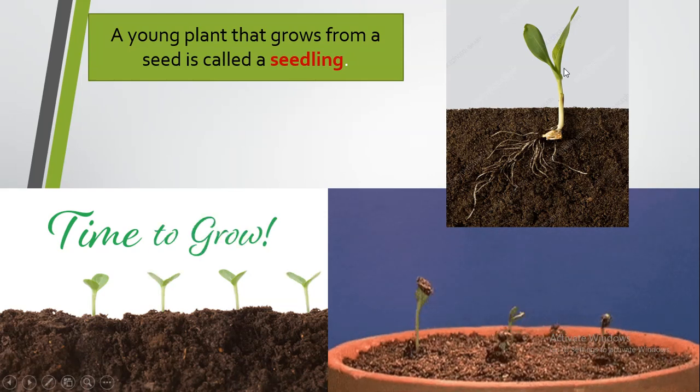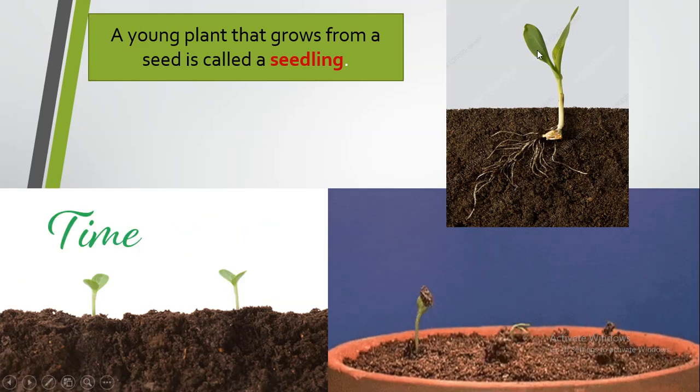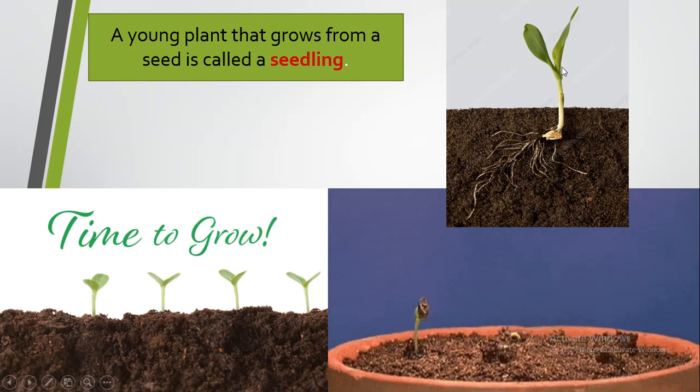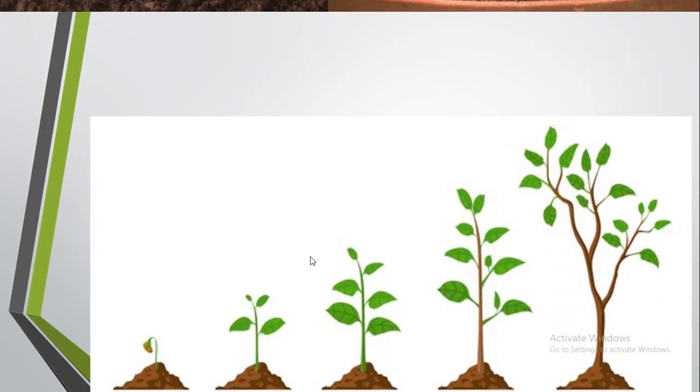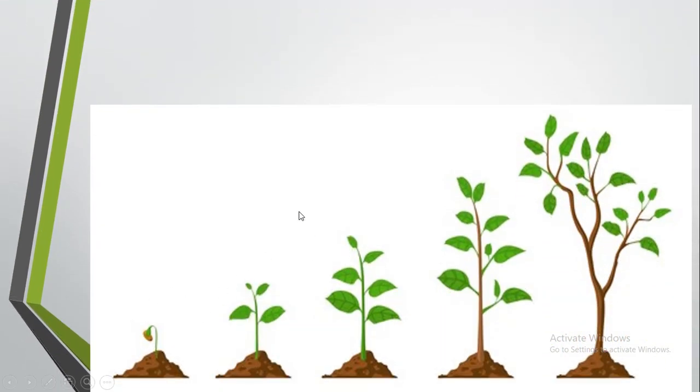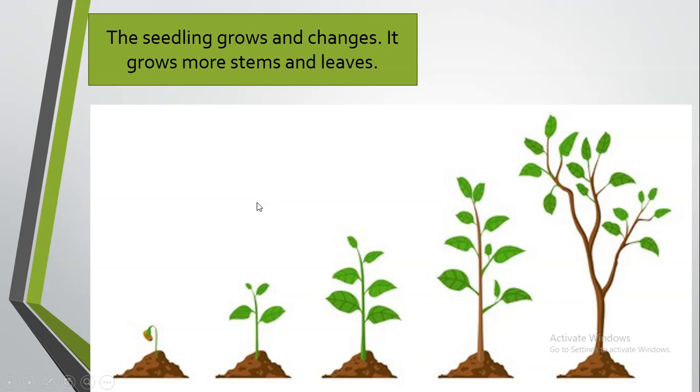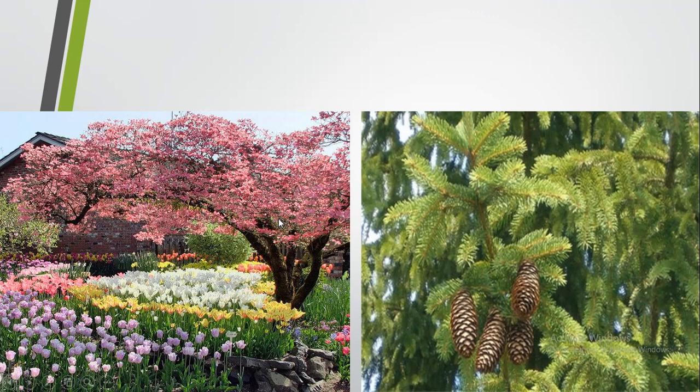A seedling is a very small plant with 2 or 3 leaves. Now after that, this seedling will grow more leaves, more stems, as you can see here, and it will become an adult tree.